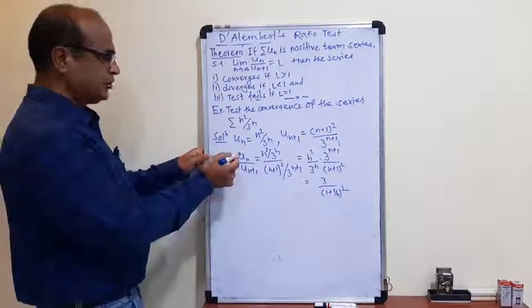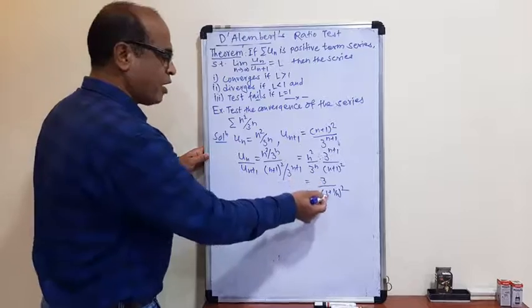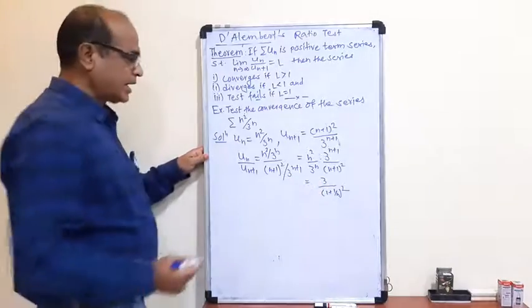So un upon un plus 1 is 3 upon 1 plus 1 upon n bracket square.